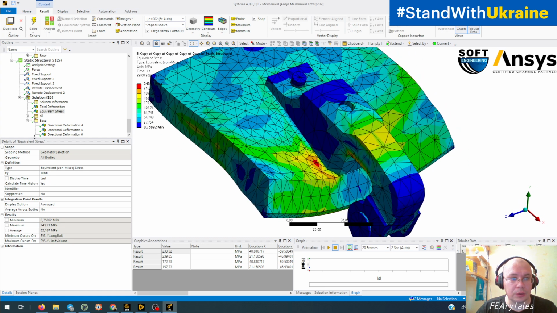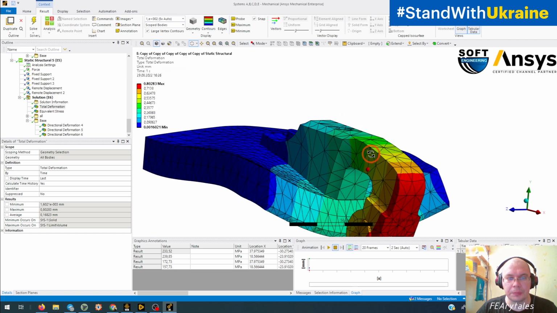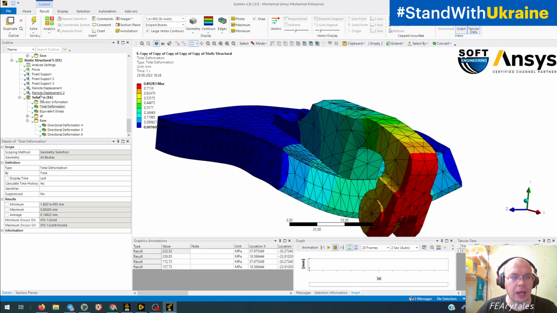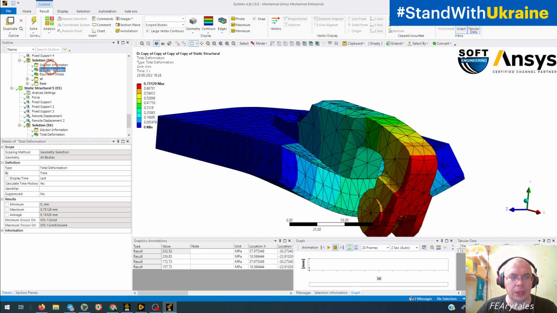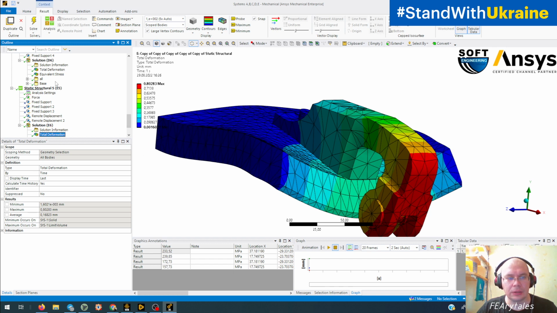And we see total deformation, and this total deformation are very close to this one. It has difference less than 10%, but we see changing in character of deformation distribution.